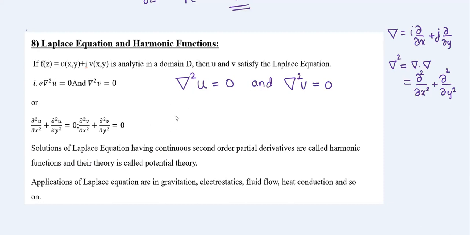So the Laplace equation is: dou square u by dou x square plus dou square u by dou y square equal to 0, and dou square v by dou x square plus dou square v by dou y square is equal to 0. So this is the Laplace equation.